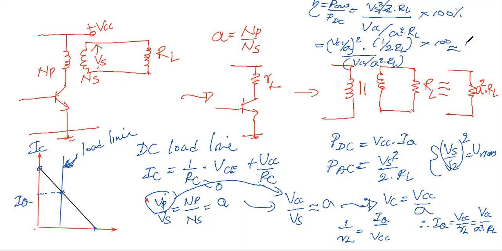If you solve this one, you will get around 50%. This is for the transformer coupled class A amplifier.